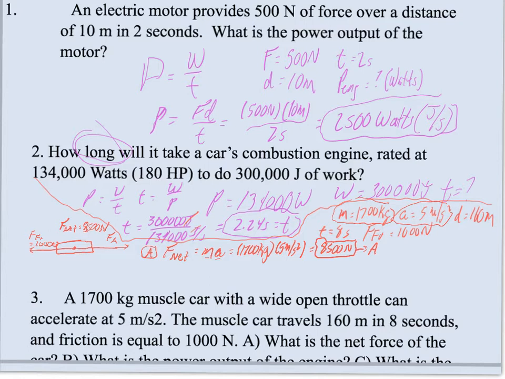If we're doing B now, it says I want to find the power output of just the engine, then I need to know the work done by the engine divided by the time. That's also the same thing as the force of the engine times the distance it's moving over the time.